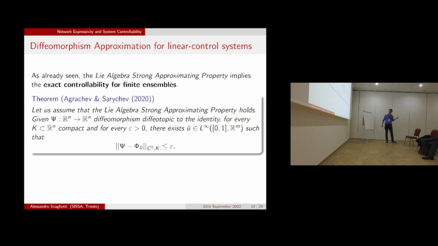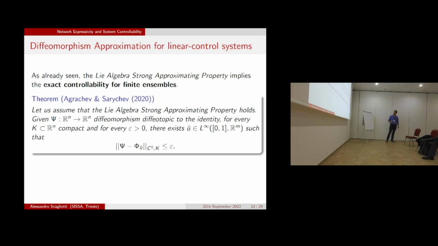Actually, we have something more, which is exactly the expressivity result that we were looking for. Given a diffeomorphism psi diffeotopic to the identity, what happens? It happens that for every compact set K and for every epsilon, there exists an admissible control such that the corresponding flow provides an epsilon approximation of that diffeomorphism on the compact set K. Okay, good.